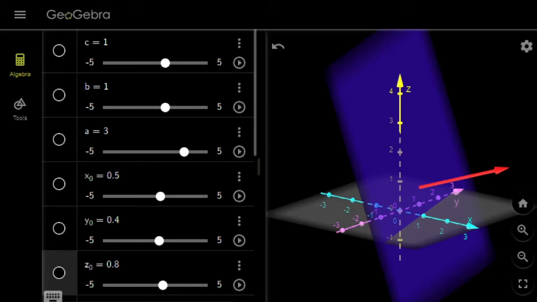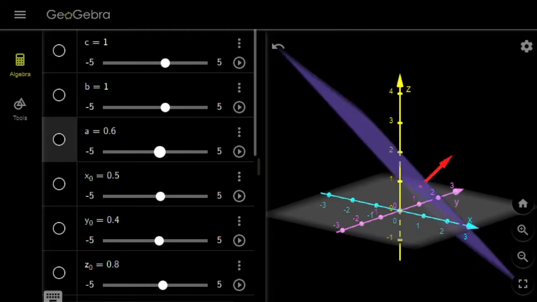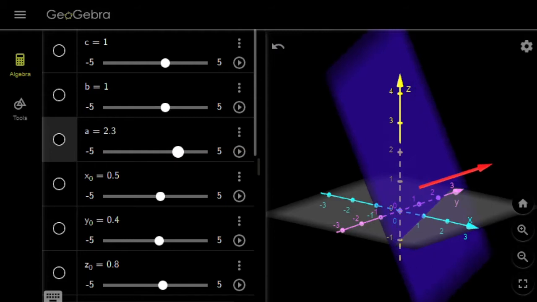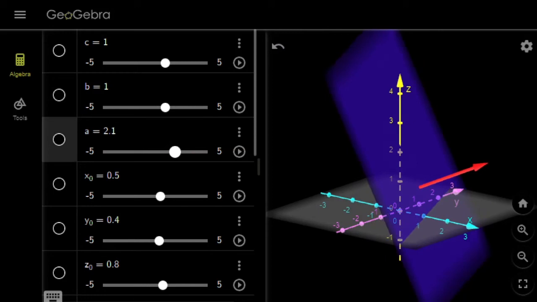Then the interesting things are the vector parameters a, b, and c. If I grab point A, you can see that that is kind of twisting the plane around.